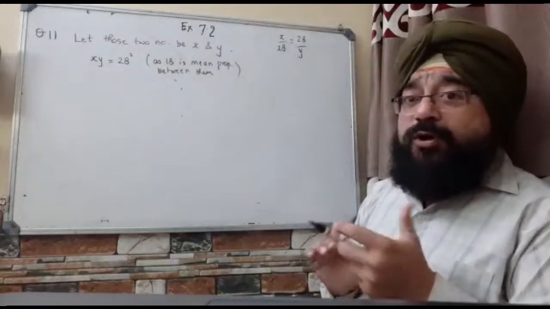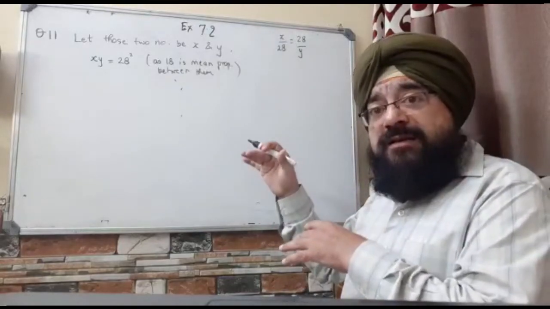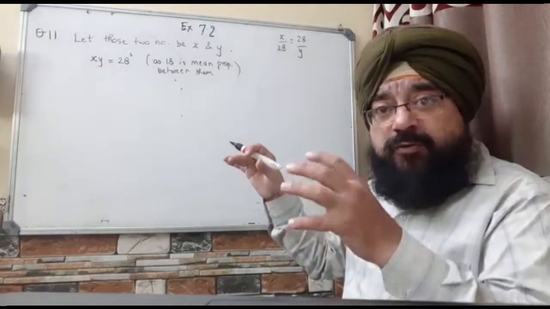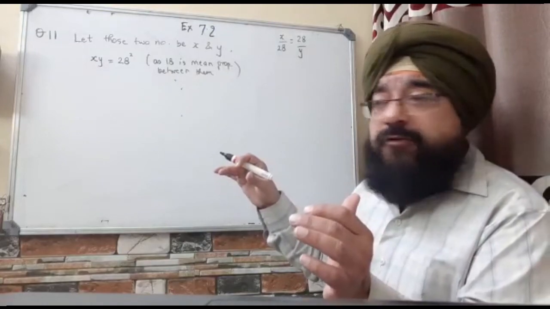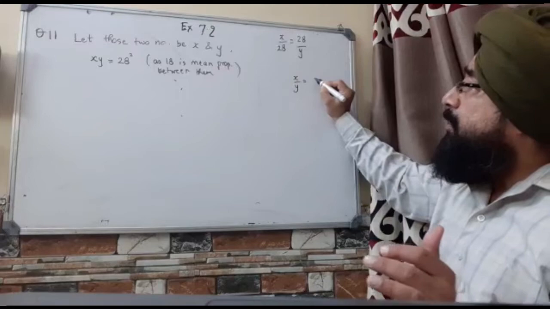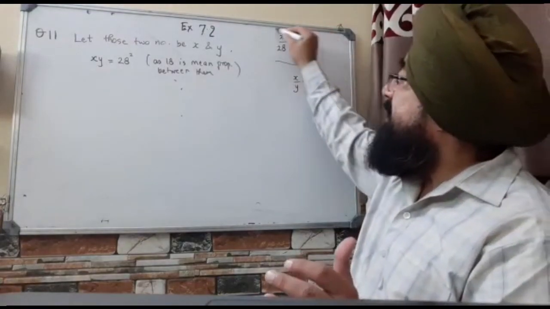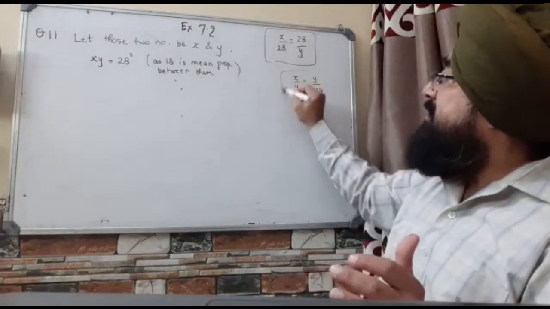So now, next, these two numbers are the same ones between which the third proportion is 224. So that means x over y is equal to y over 224. This means the mean proportion, and this means the third proportion.